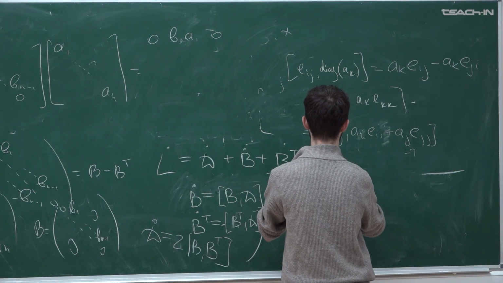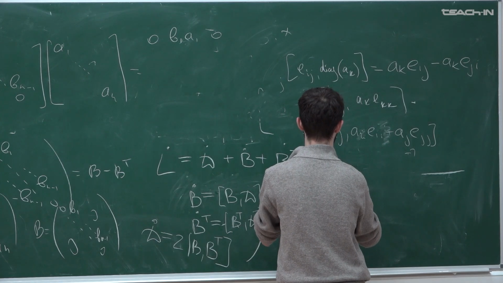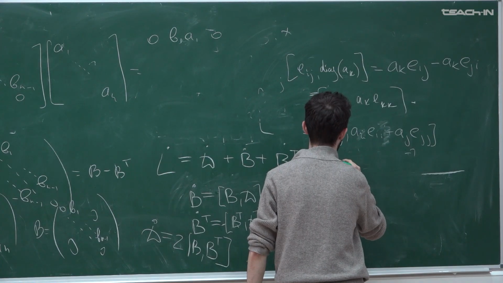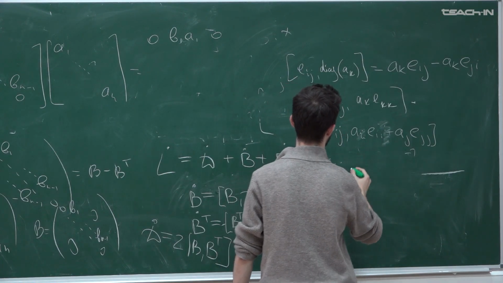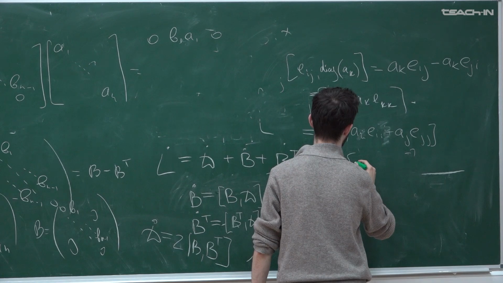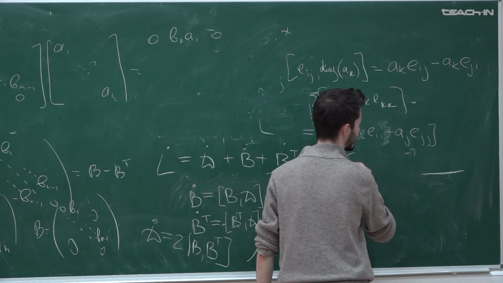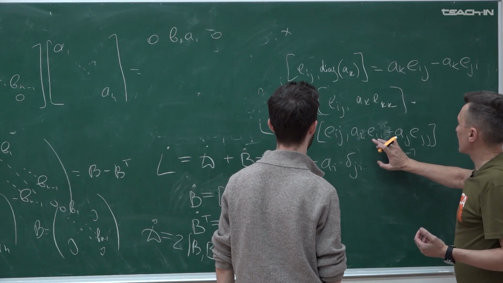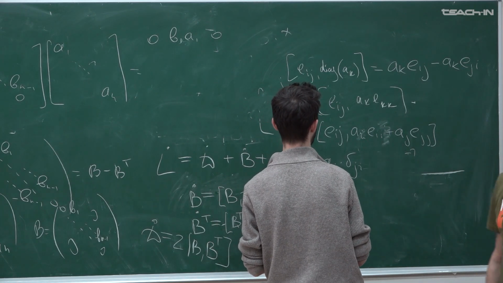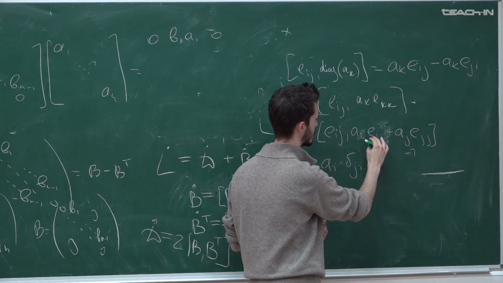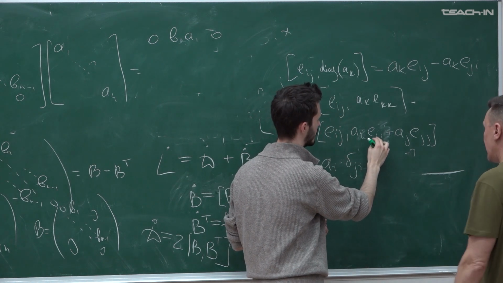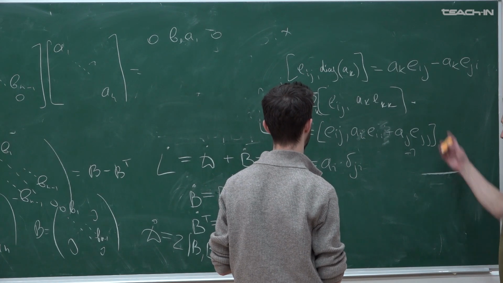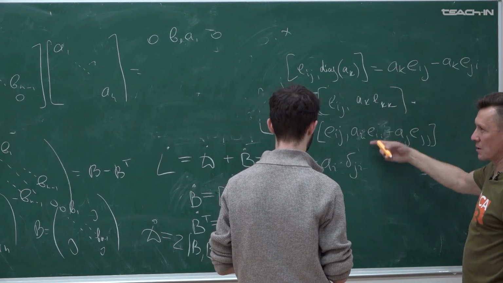And so here we have the Kronecker symbol. This is a matrix where only one element is set to 1, so it is already the application of the Kronecker symbol.